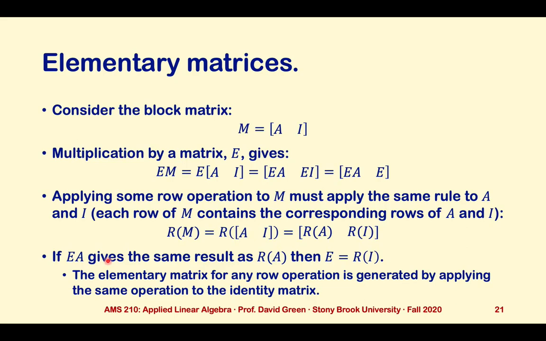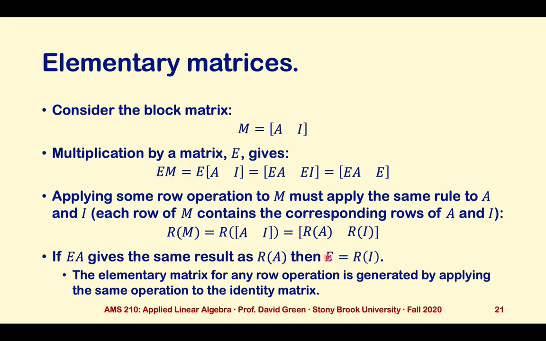Now, this is where we can make our first important connection. If E times A gives the same result as R times A, then it must follow that E, which would be found if we applied that same matrix multiplication to the second block, must be the same as R times I, which is what we find if we apply that row operation to that block.